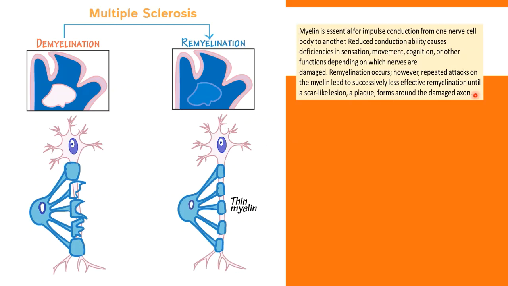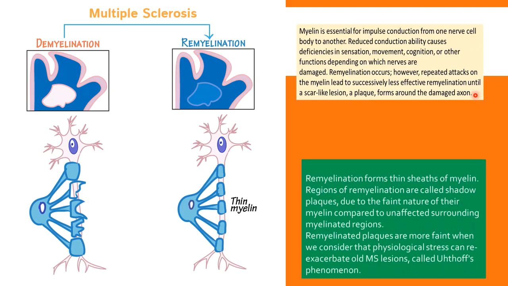So reduced conduction will result in deficiencies in sensation, movement, cognition, etc. Remyelination, however, occurs under conditions of demyelination. But these repeated attacks of demyelination followed by remyelination result in the characteristic scar, which is referred to as the plaque. Now this plaque is very important and diagnostic of multiple sclerosis.